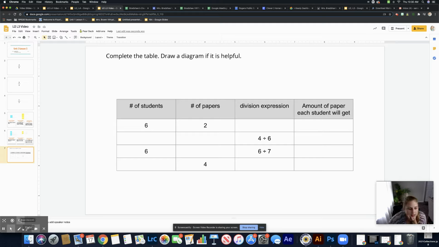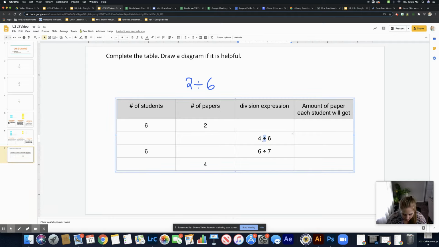So if I have 6 students and 2 papers, what this is saying is I have 2 papers that I need to split evenly amongst 6 students. So 2 papers divided by 6 students. So I'm going to copy that division. 2 divided by 6.